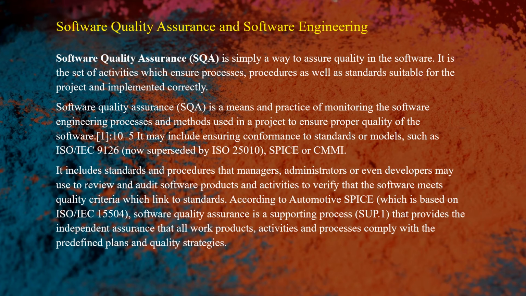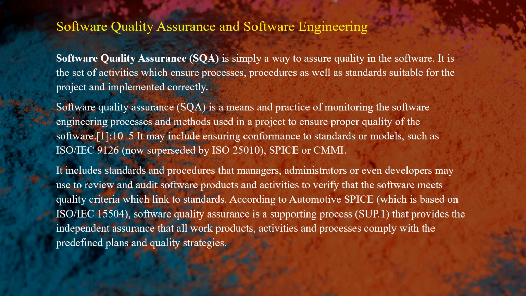It may include ensuring conformance to standards or models such as ISO. It includes standards and procedures that managers, administrators, or even developers may use to review and audit software products and activities to verify that the software meets quality criteria, which link to standards.